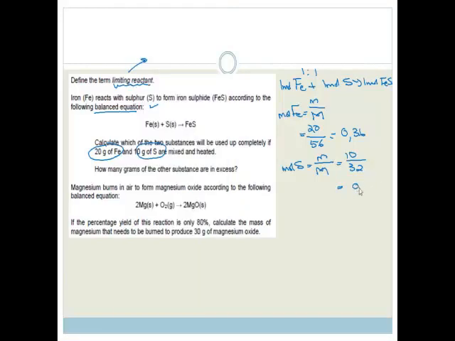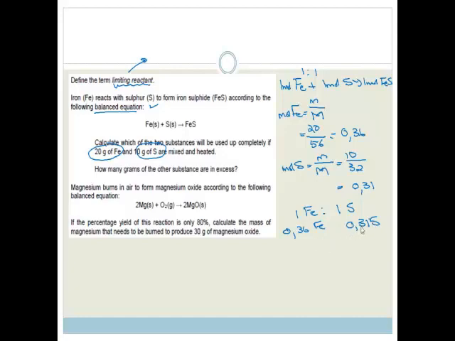So it's 0.31. Now, do you see that the ratio was 1 Fe to 1 S? Okay, that means when I use up 1 mole of iron, I'm using up 1 mole of sulfur. We are given 0.36 moles of iron, and we're given 0.31 moles of sulfur.